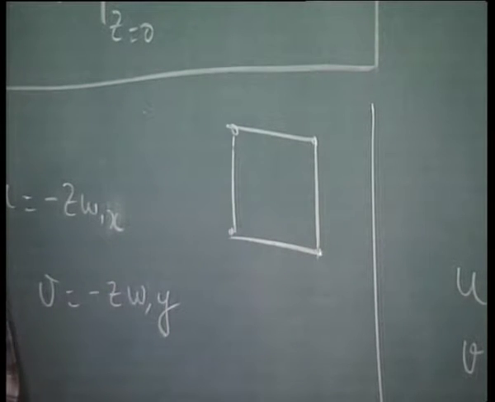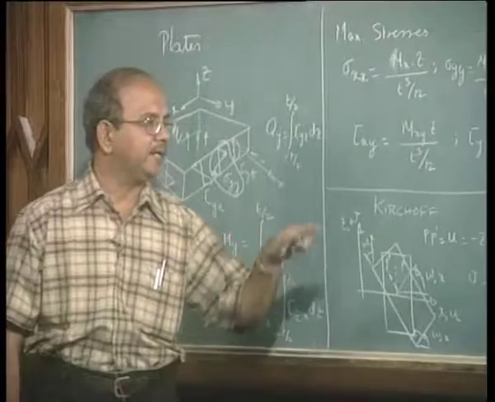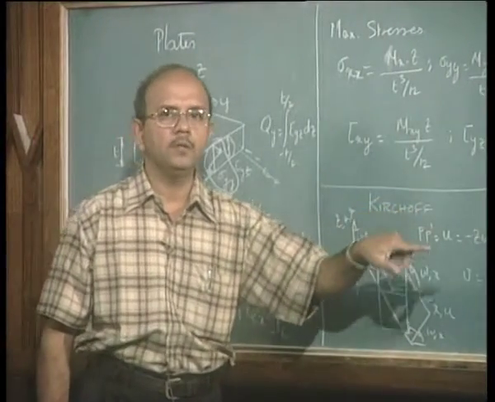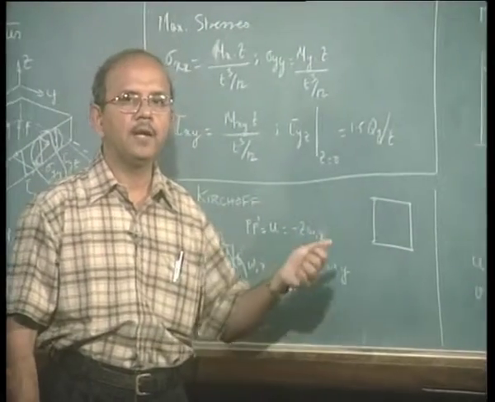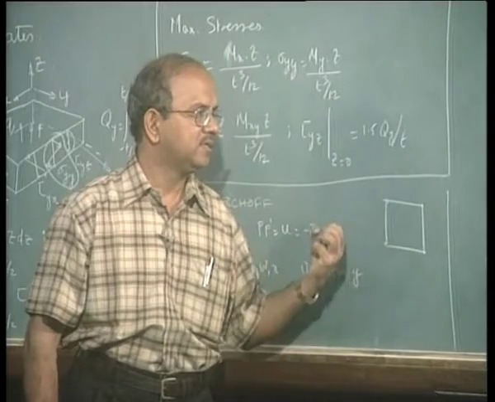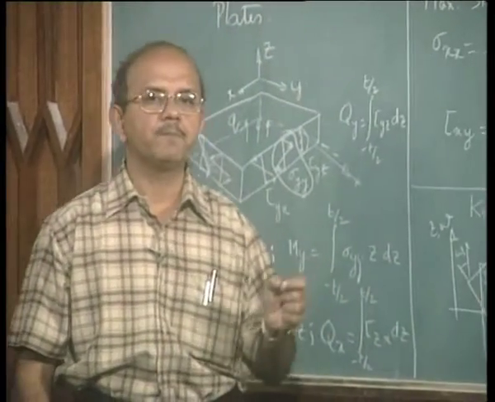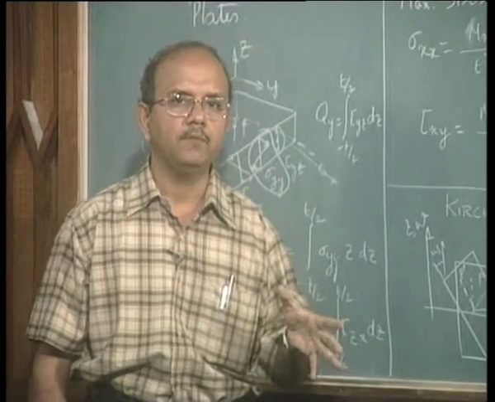The degrees of freedom, for example, in the case of the Kirchhoff elements being w perpendicular to the board, or in the z direction, and w comma x and w comma y. In the case of Mindlin theory, these 3 degrees of freedom are now w, theta x and theta y.